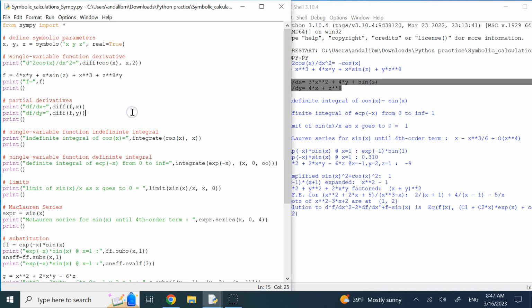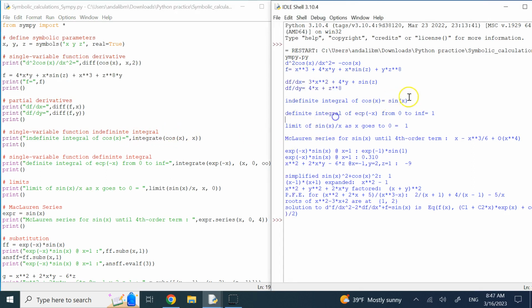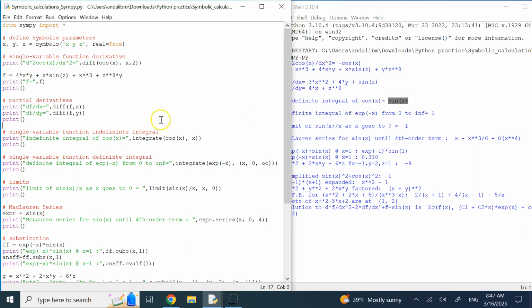You can also do symbolic integration. So you can basically do it definite or indefinite integral. So if it's indefinite, all you need is the command integrate, the function, and the parameter to integrate with respect to. So here, integral of cosine, as you can see, is sine, right? Of course it is, because derivative of sine is cosine. And then you can take indefinite or definite integral by passing the limit.